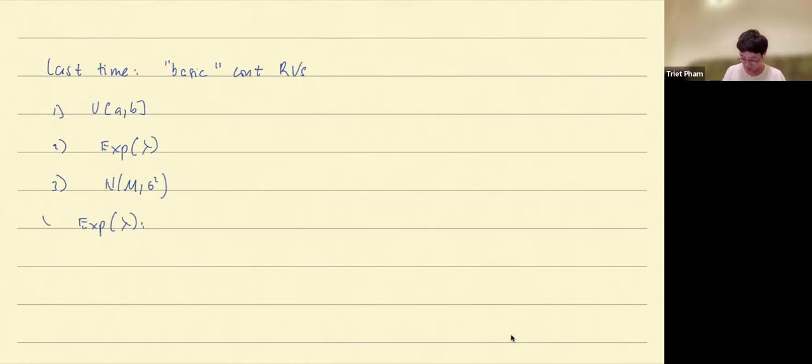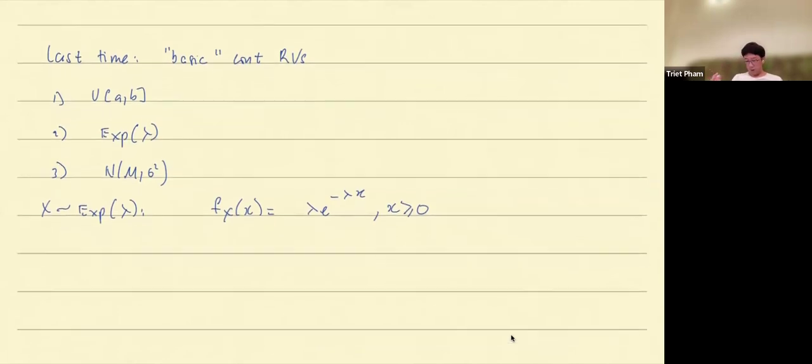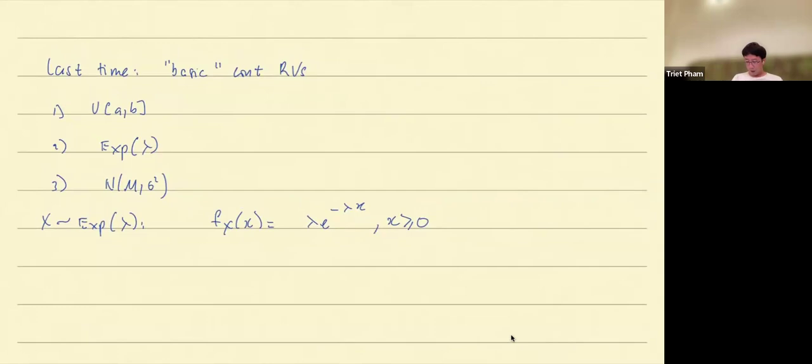The first thing is that the density is lambda e to the minus lambda x, with the support being non-negative. It could include zero, but that doesn't really count, since it's just one point of probability zero.